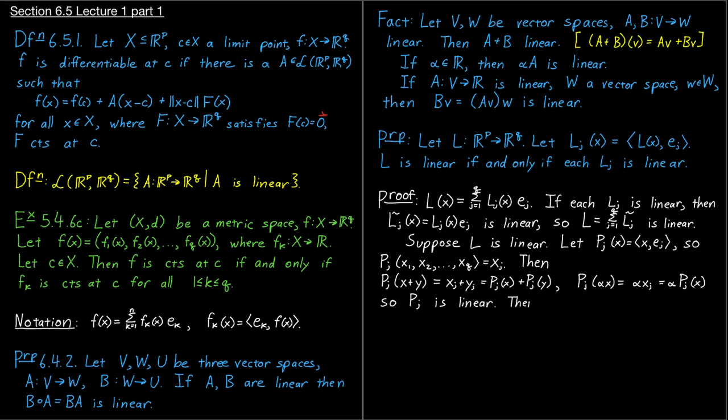Then Lj, that's pj composed with L, is linear, since we said that the composition of two linear functions is linear, something which you can check. And so that completes it.